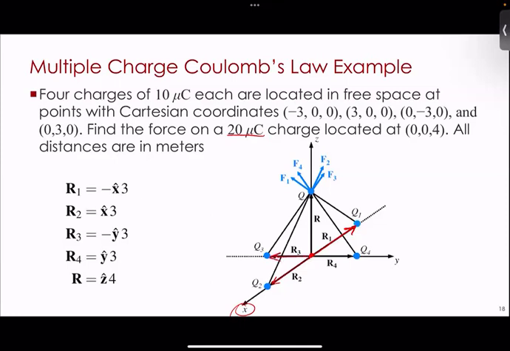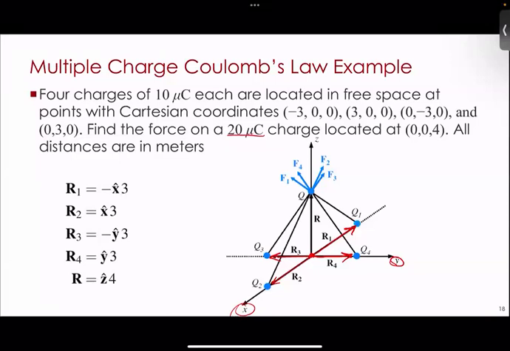Q3 is minus Y hat 3, and Q4 is plus Y hat 3. Those are the numbered R's, the Ri's, R1, 2, 3, 4.